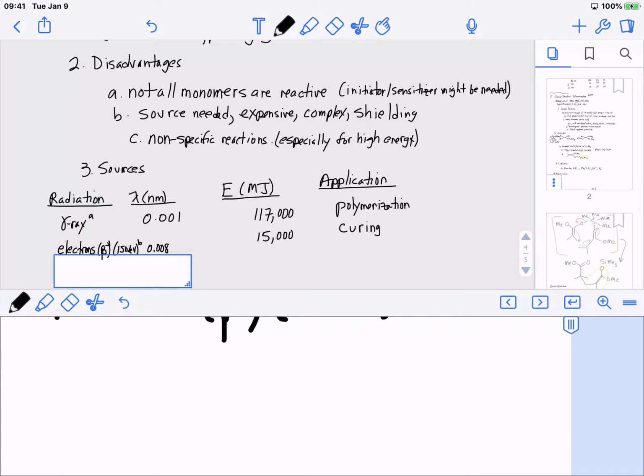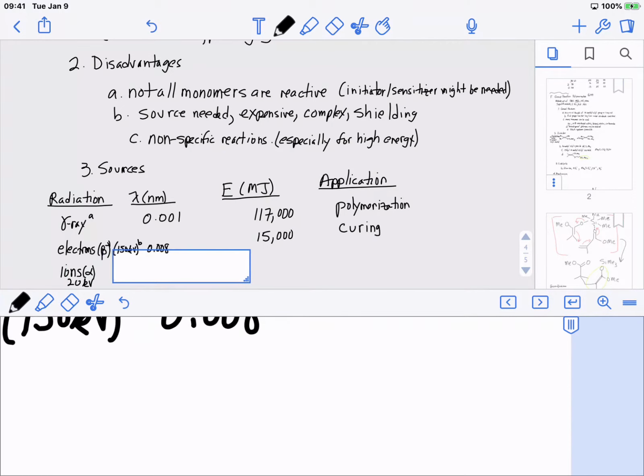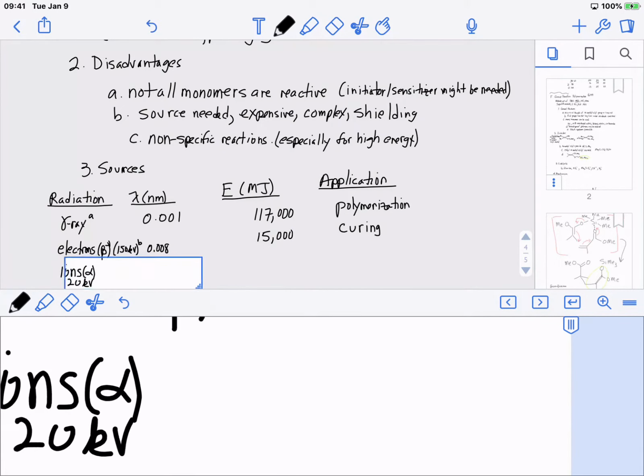You can use ions, for example, an alpha particle. This alpha particle might be on the order of 20 kilovolts. An alpha particle is just a helium nucleus, right? We'll put a C here.